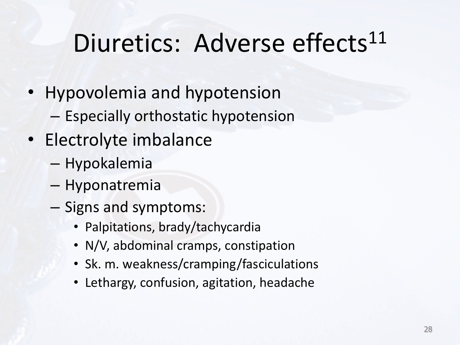They can induce palpitations, they can induce bradycardia or tachycardia, GI symptoms such as nausea and vomiting, abdominal cramps and constipation. They can have more peripheral effects on skeletal muscle, such as weakness, cramping, fasciculations. They can develop mental status changes, lethargy, confusion, agitation, headache.